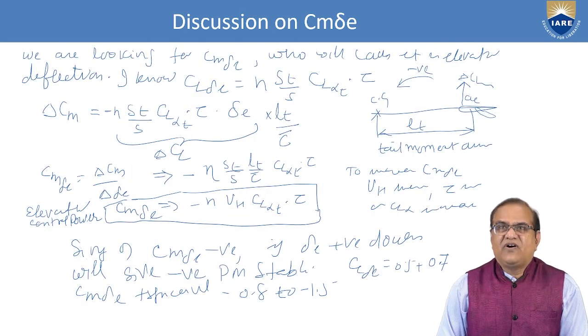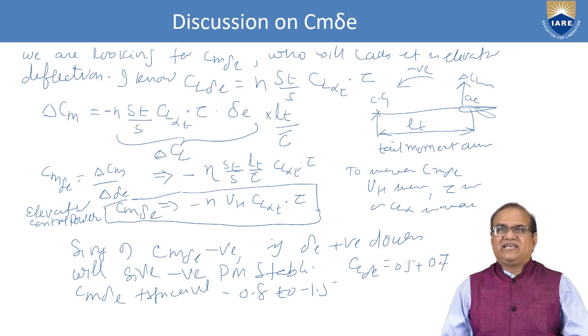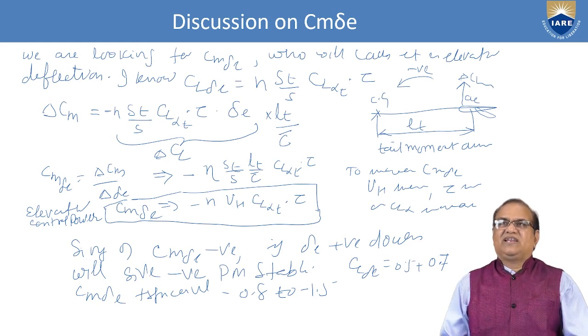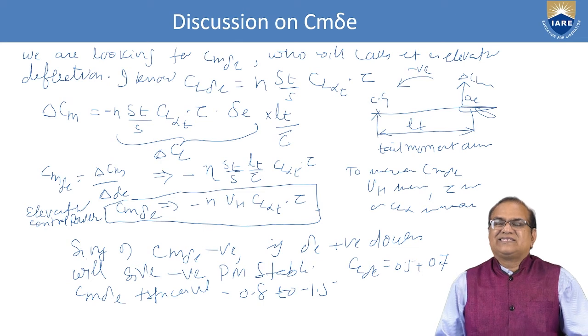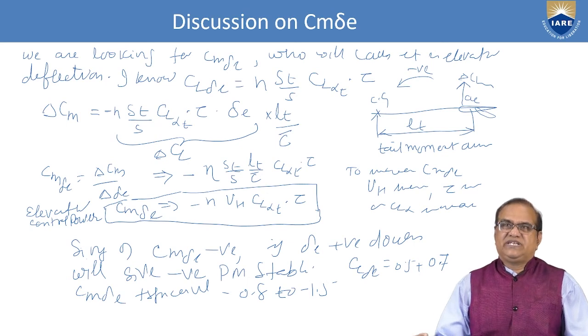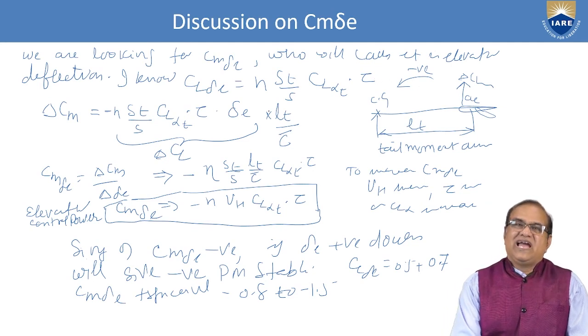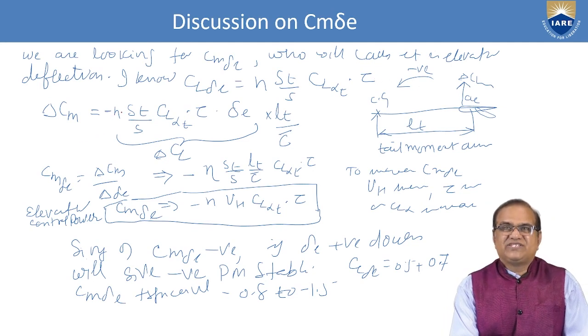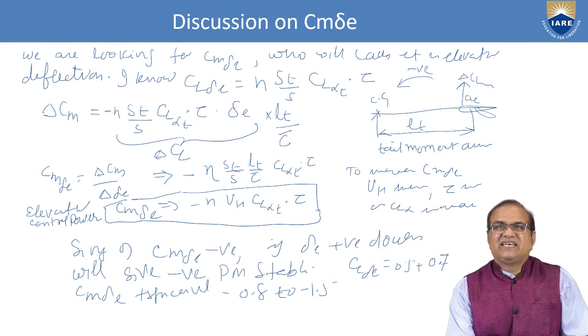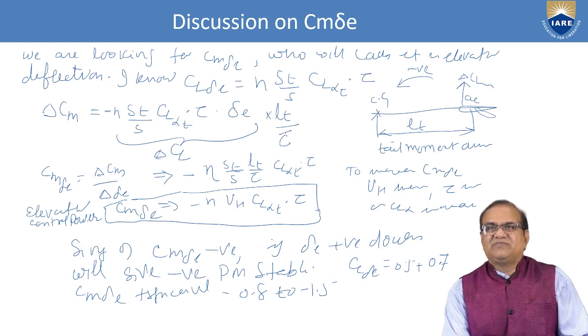We are looking for Cm delta E in elevator deflection. I know that CL delta E is equal to eta St by S CL alpha T into tau, and delta Cm is minus eta St by S CL alpha T into tau into delta E into LT by C bar.